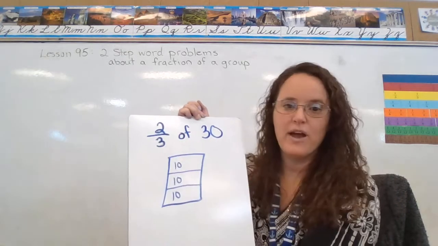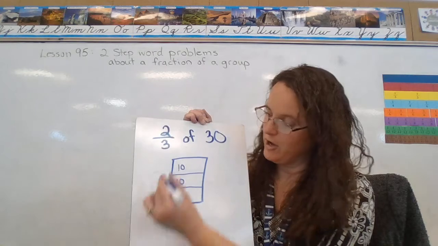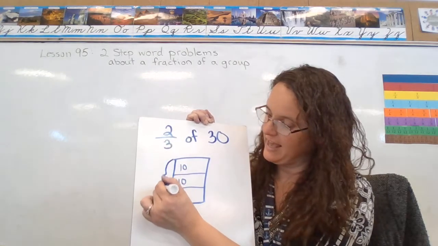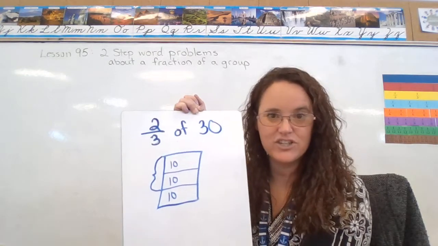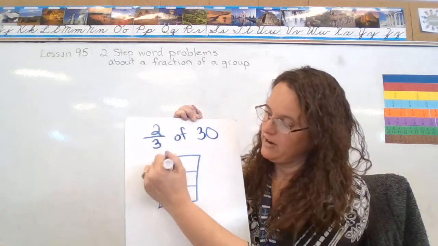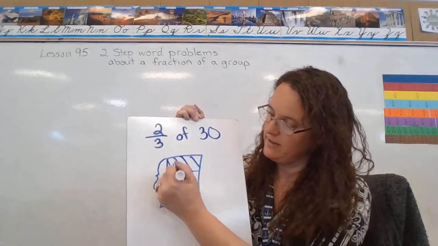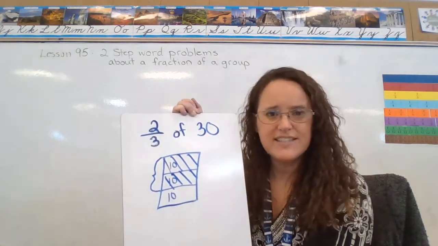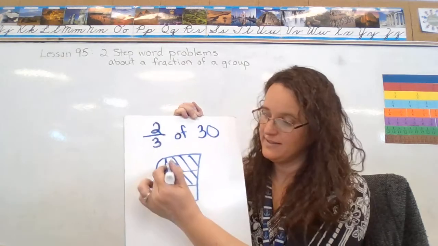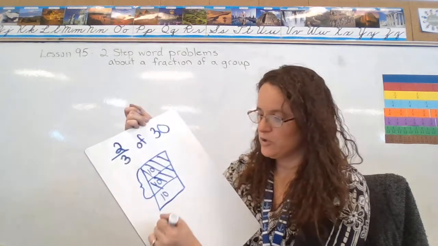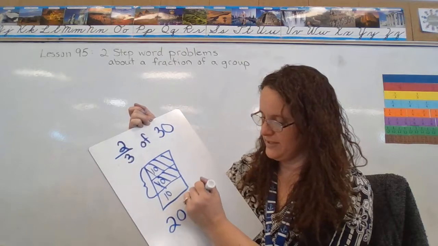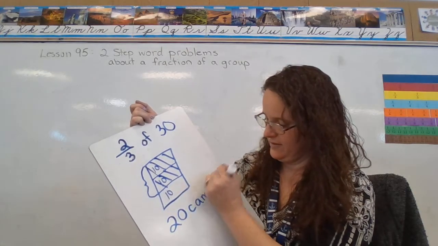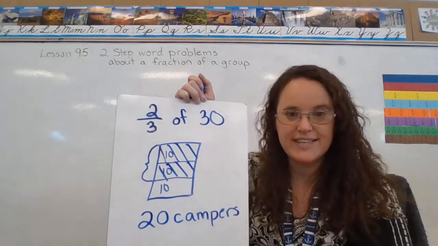And if I have to figure out what 2/3 of them are, I'm going to look at just that section, which is a total. Here, I could shade it in as well. That's a total of how many campers? 10, 20. So 20 campers wore green jackets.